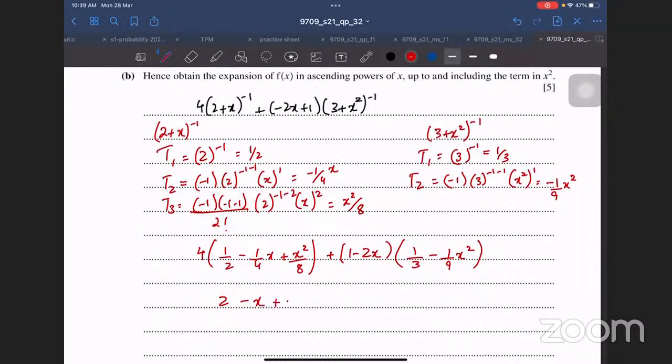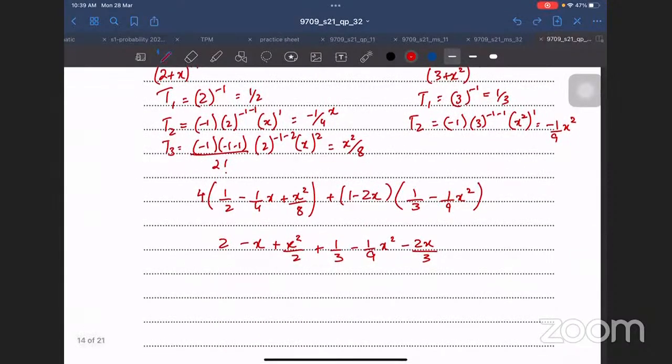x square over 2 plus 1/3 minus 1/9 x square minus 2x over 3 plus 2x cubed. I can ignore that. Okay. So 2 plus 1 over 3 gives me 7 over 3.